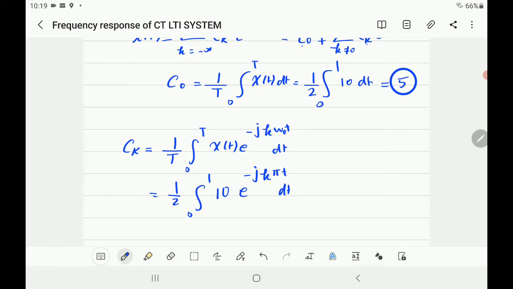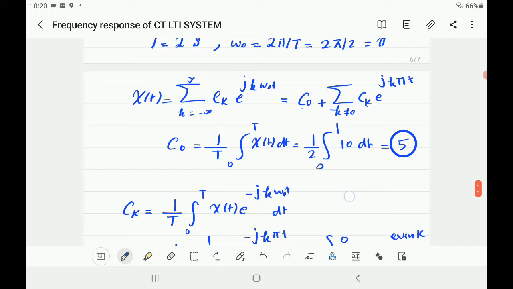You do the integration, and to save your time, I found that it's equal to 0 when k is even, and equal to 10 over j k pi when k is odd. So that's the c_k.